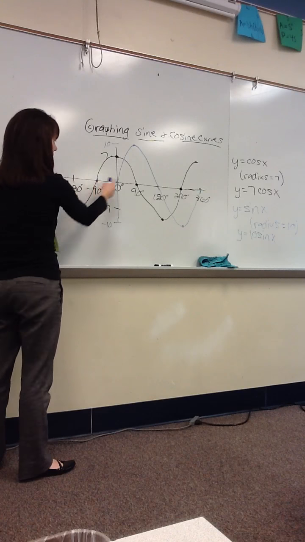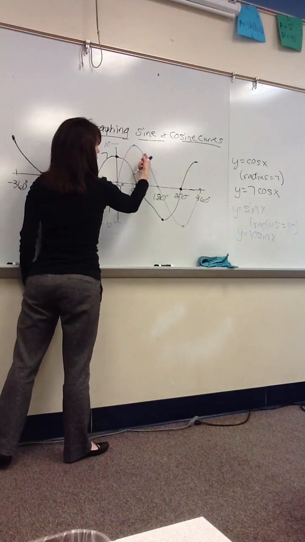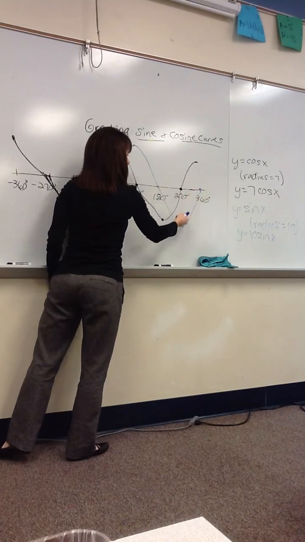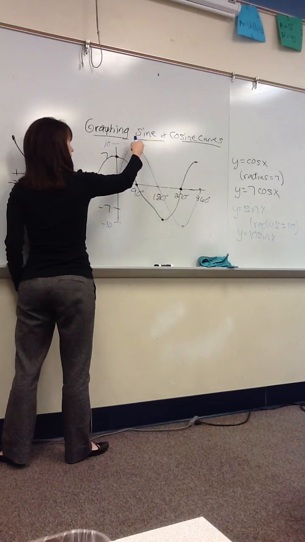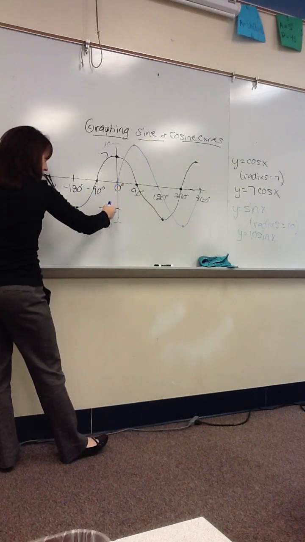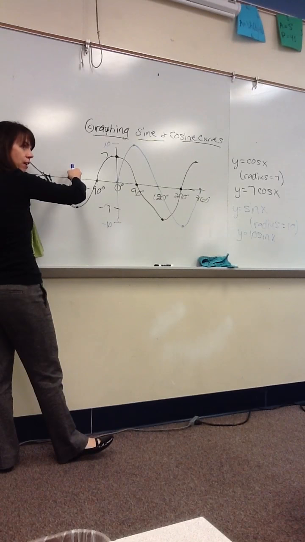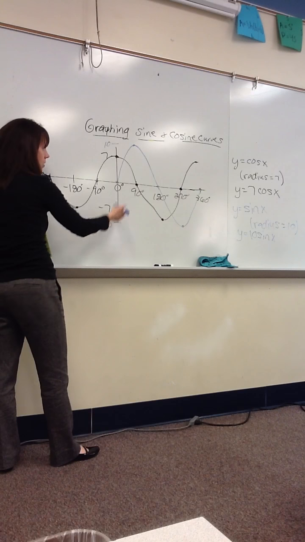But the problem is, do you see how it goes up, and then it goes all the way down, and then it goes up? Well, if I am working backwards on this sine curve, I go all the way up. I have to go all the way down before I go back up again. So the sine curve is not symmetric with the y-axis. It does not have reflection symmetry with the y-axis.